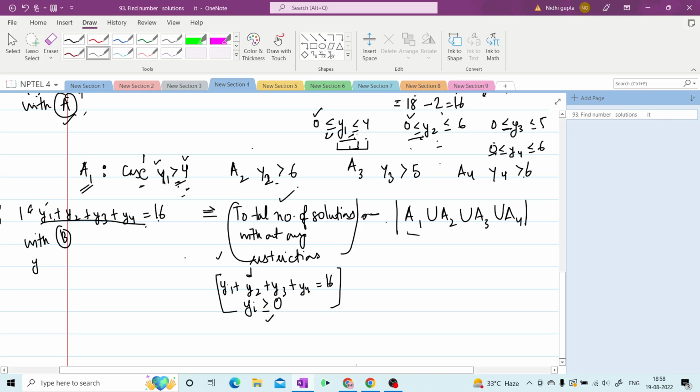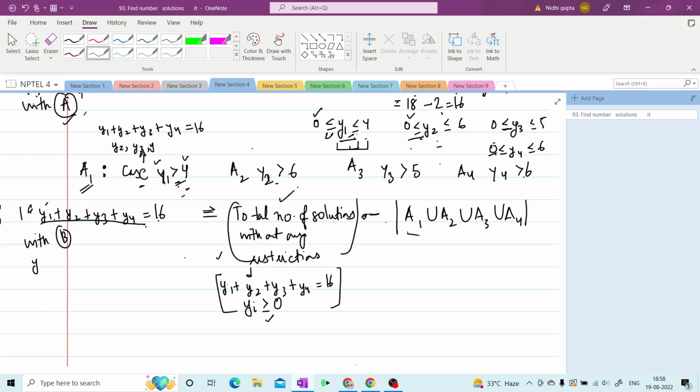So A1 is basically calculating all the solutions of y1 plus y2 plus y3 plus y4 is equal to 16, where y2, y3, y4 are greater than or equal to 0 and y1 is greater than 4.